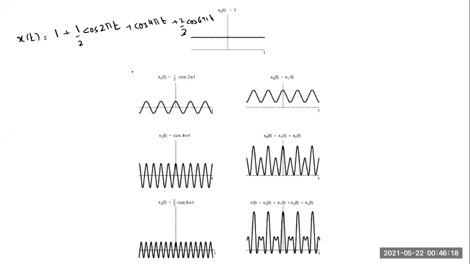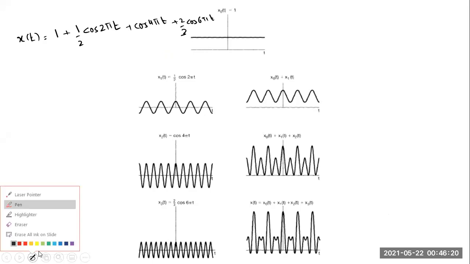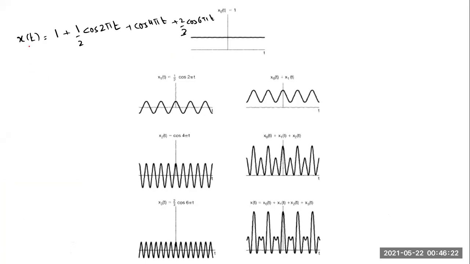Now this signal, which is represented as a linear combination, this x of t, is a periodic signal, and it is made up of a number of components.